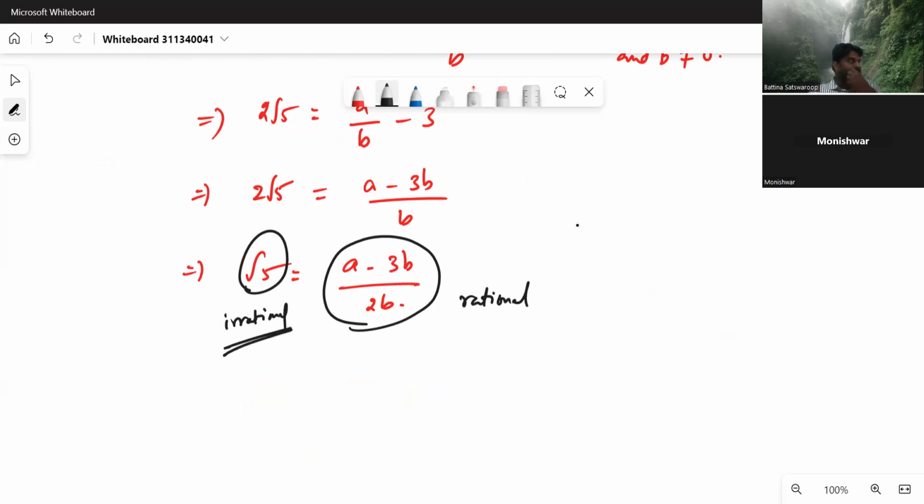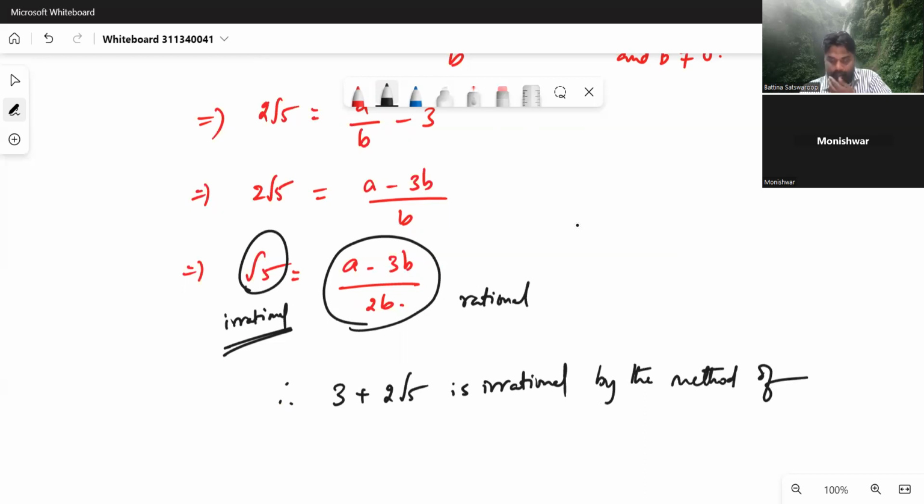That means we are getting a contradiction, so our assumption is incorrect. Therefore, 3 plus 2 root 5 is irrational by the method of contradiction. I will elaborate about it in the next few minutes. One more question we will do, and then we will move to examples. There I will elaborate about this.